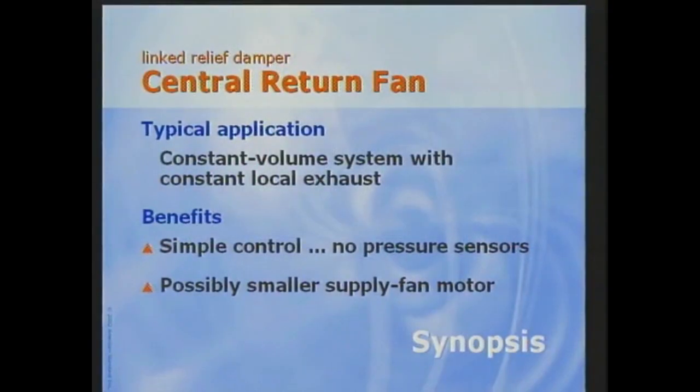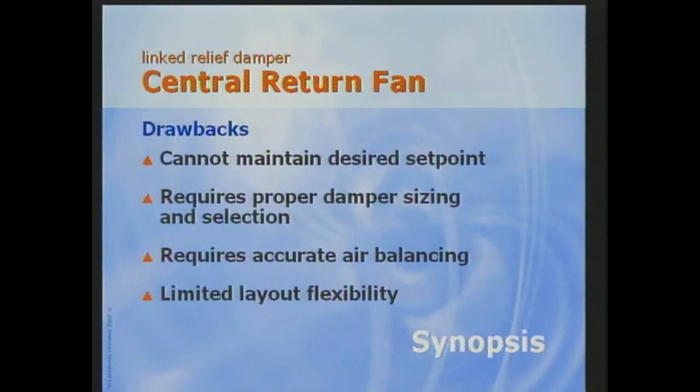In some cases, the supply fan motor can be smaller than in a system with a central relief fan. This is because the return fan offsets the pressure drop of the return air path. However, the building may still experience some fluctuations in pressure during economizer modes. Realize now that equal rotation of these dampers does not necessarily mean equal changes in airflow.